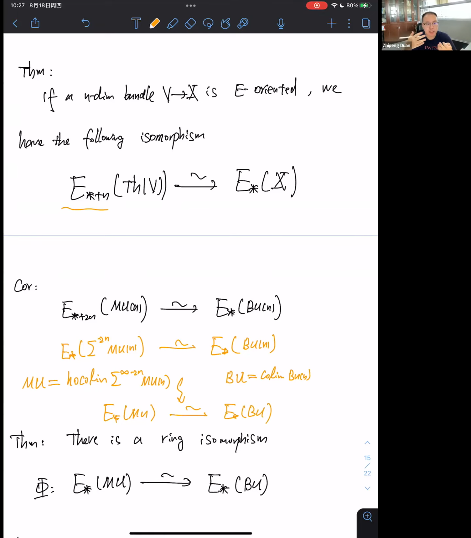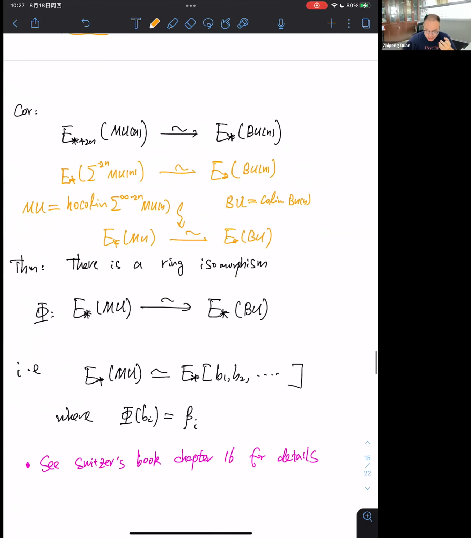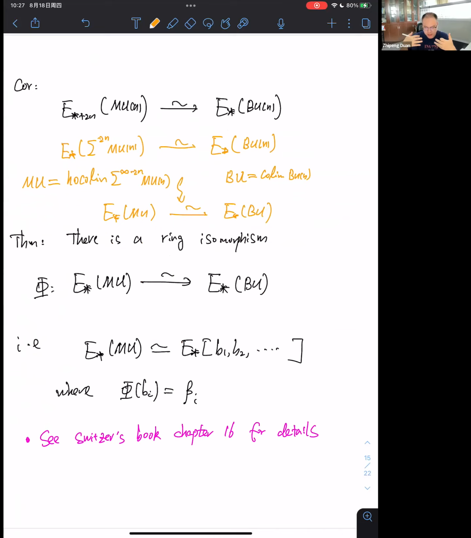But the Thom isomorphism in general is a group isomorphism. But in the spectrum level, in this case, we can say more. So there is a ring isomorphism from the E star of MU to E star of BU. In other words, you can write the E star of MU in exactly similar terms as E star of BU. So it's a polynomial on infinitely many generators.